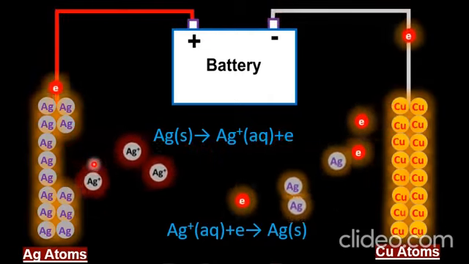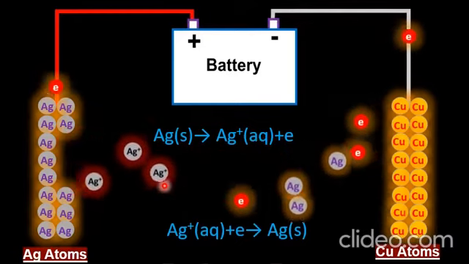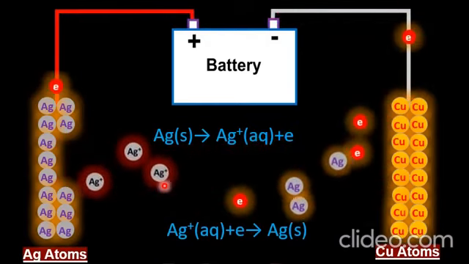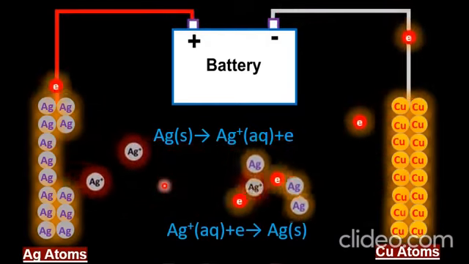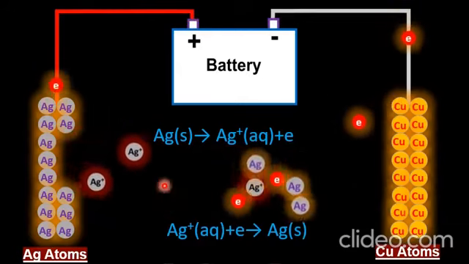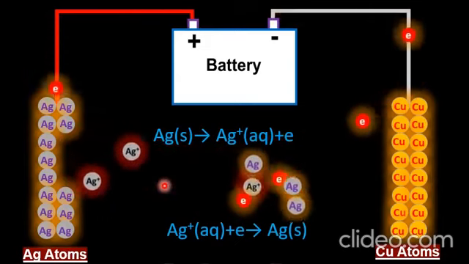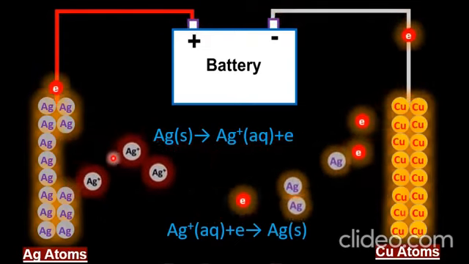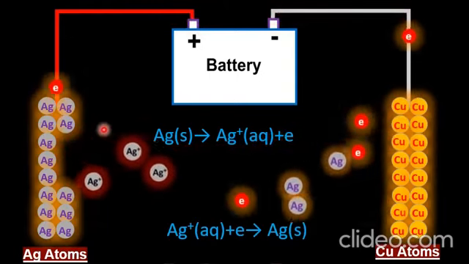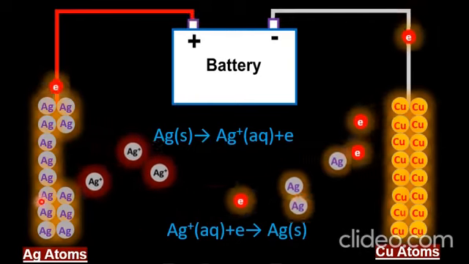As you know, reduction in chemistry is a chemical reaction in which an atom gains electrons, whereas in oxidation, electrons are lost. Now let us discuss what is going on at the silver plate site. We have neutral silver atoms.